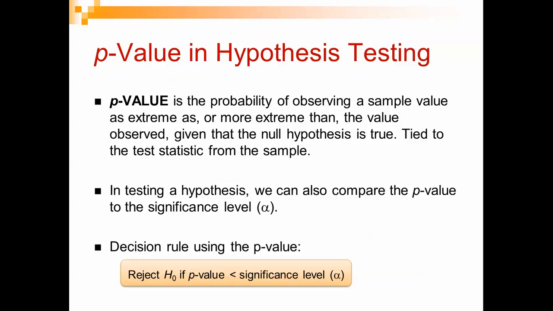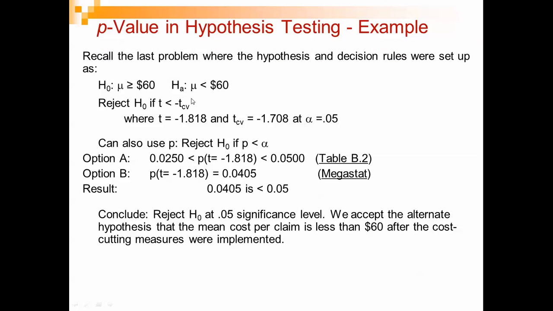Let's take a quick look at an example. In our last problem, we had the hypotheses and decision rules set up as: the null hypothesis was that mu was greater than or equal to $60, and the alternate hypothesis was that mu was less than $60.